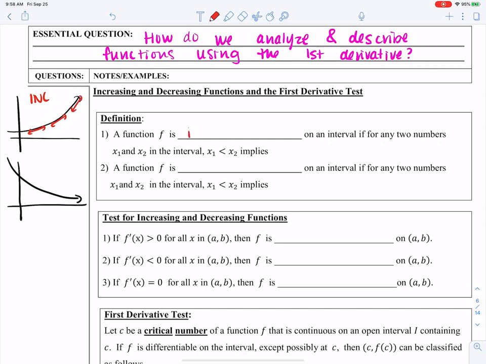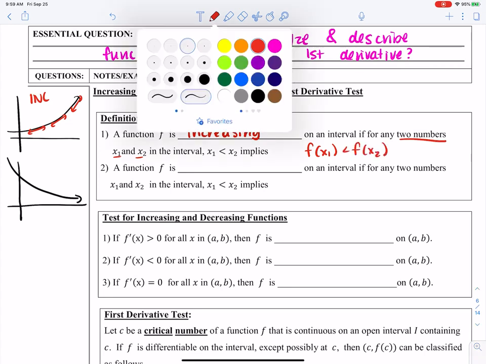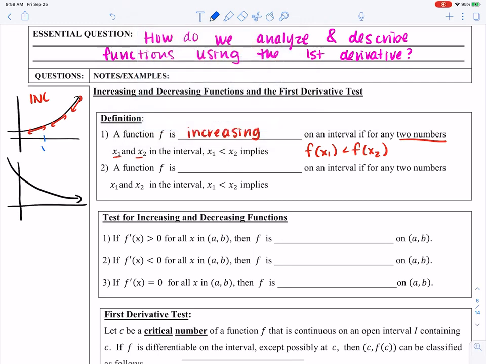A function f is said to be increasing on an interval if for any two numbers x1 and x2 on the interval, f of x1 is smaller than f of x2. This is just a mathematical definition of increasing. If I put x1 here and x2 here, sure enough, I can see that the y value is smaller at x1.